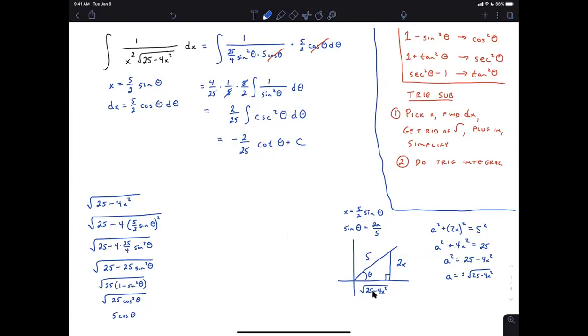Well, cotangent is adjacent over opposite, because it's the reciprocal of tangent. So we can get cotangent by reading that diagram and doing negative 2 over 25 times the adjacent, square root 25 minus 4x squared, over the opposite, 2x, plus c.